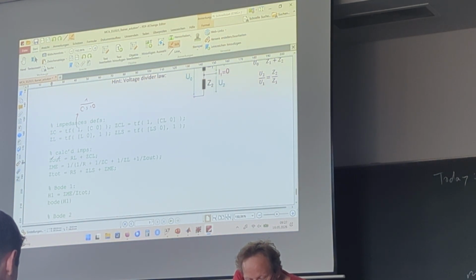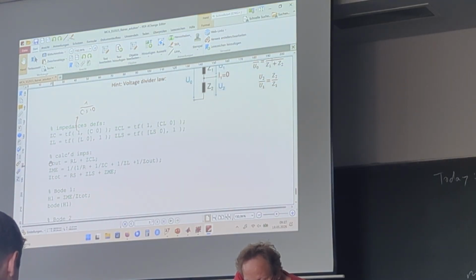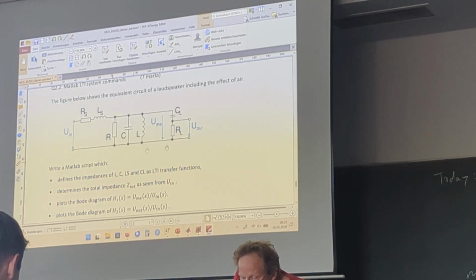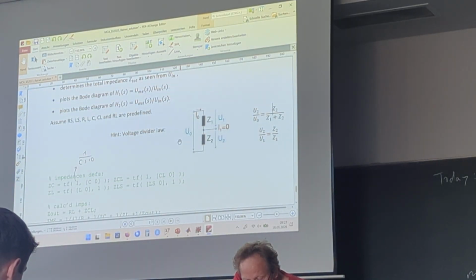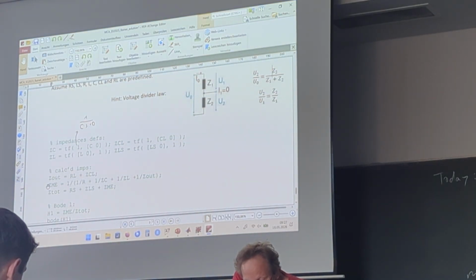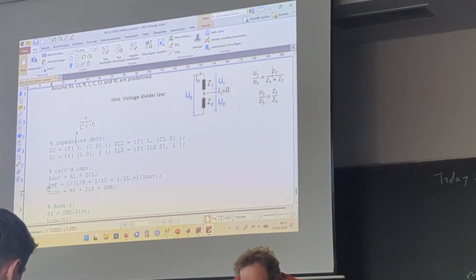So then, first of all, we have here a Z out. Okay, so that's these 2 serial elements. You can just add their impedances. So together that is Z out. Then we have Z mechanical probably.